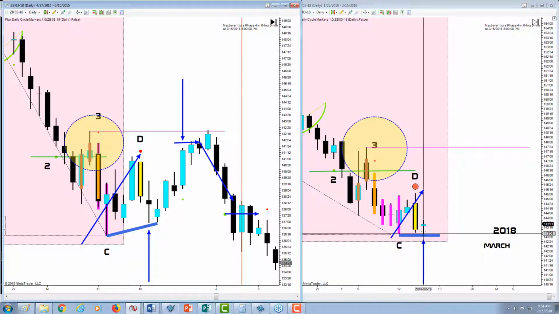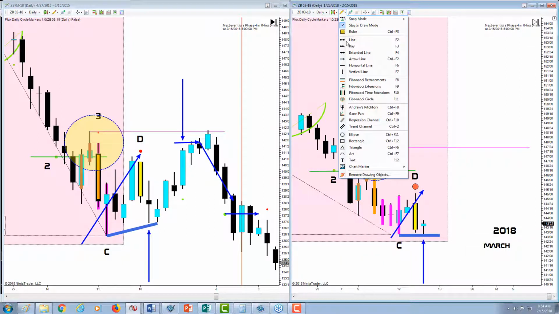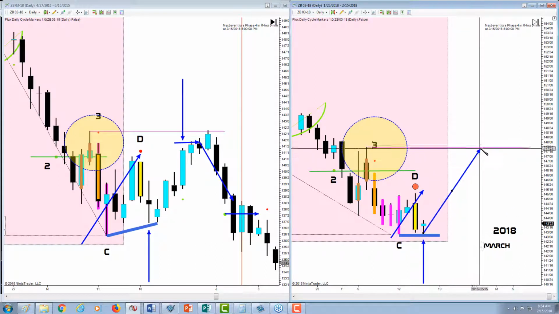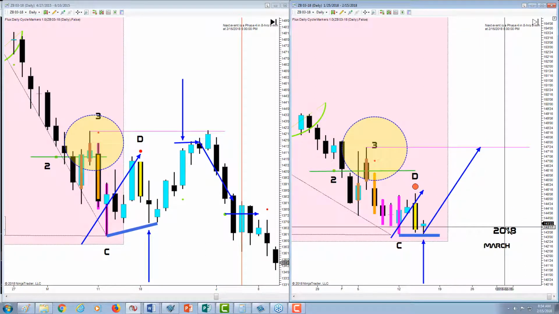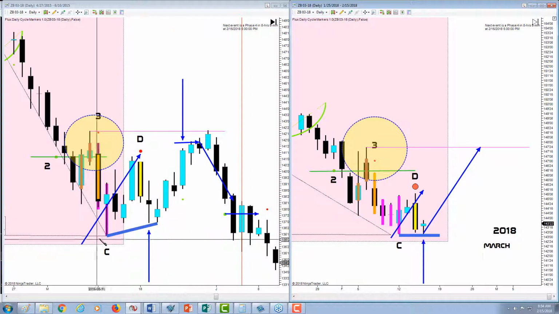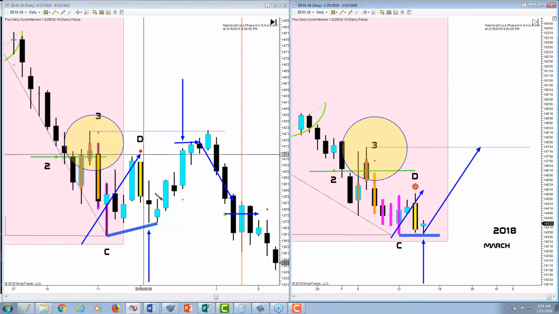So right now, this is a temporary bottom area. I don't expect it, let's put it this way, I don't expect it to come all the way back up to here. But I do expect a reversing, a bottoming, because this arrival down here in the 143 area was not sort of an ABC pattern.